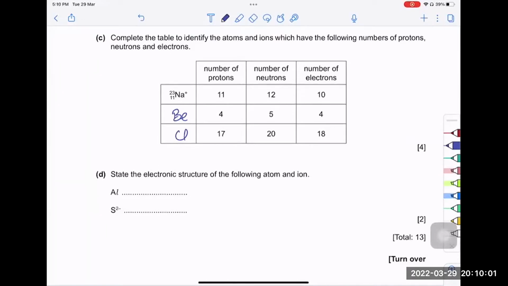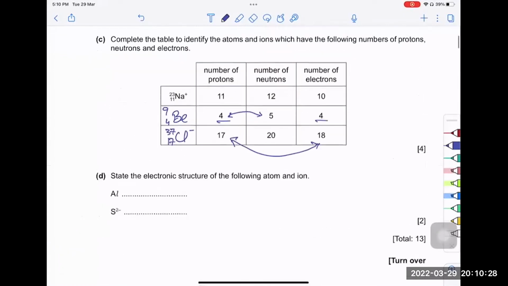So number of electrons in beryllium is the same, 4 and 4. So 0 is the charge. 4 is the proton number and 9 is the nucleon number because you're adding these two. Similarly, for this one, 37 is the nucleon number, 17 is the proton number, and there is a difference in electron and proton, so this is going to be negative.